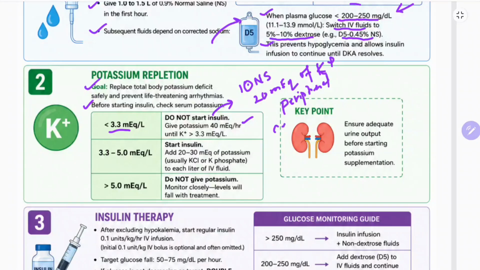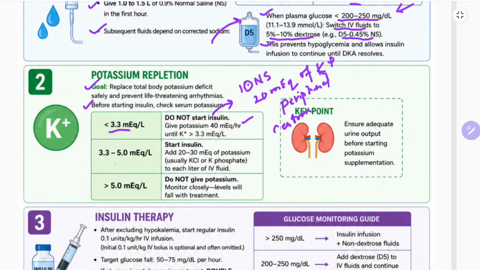But if you are giving it by central route, then you can give 40 milliequivalents. Okay, so this is an important point we should remember. Peripherally, 20 milliequivalents in 1 pint of NS; through a central line, 40 milliequivalents, and up to 80 milliequivalents centrally.